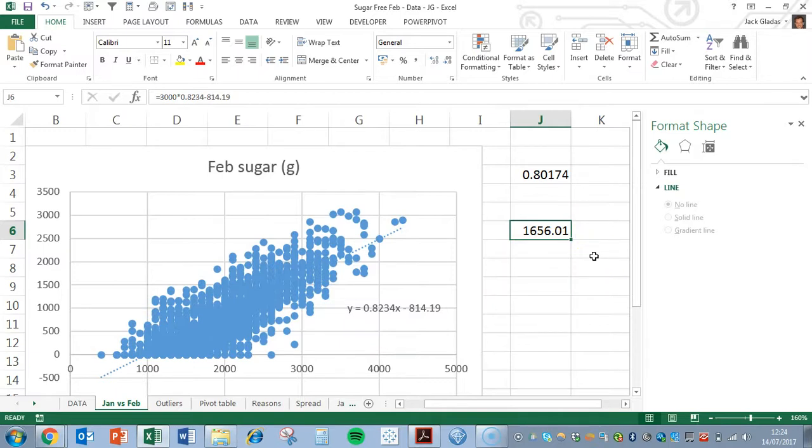It's okay to do. On the other hand, if somebody with a January sugar intake of 6,000 grams or maybe 20 grams came along and asked us to predict what effects sugar-free Feb would have on them, our prediction would be far less robust because that would be extrapolating. We're going outside of the bounds of our data. We're using this regression equation where it shouldn't be used.